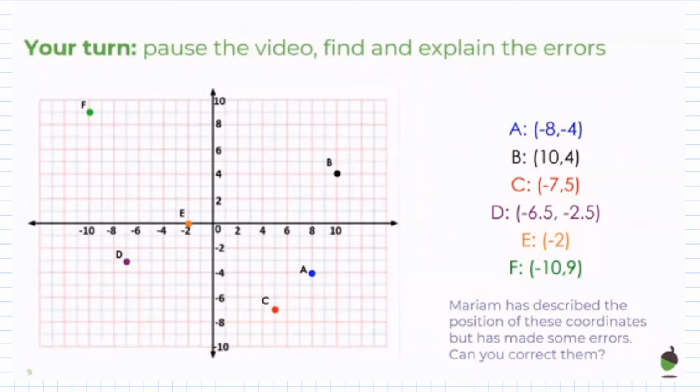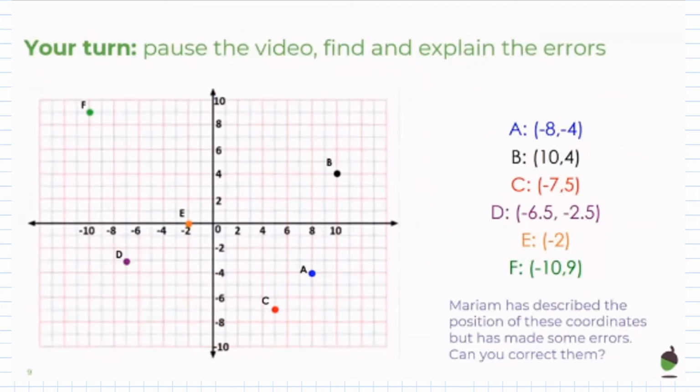So I know that I move along, forwards or backwards, along first the x-axis, and then I go up or down. So the first number, -8, should tell me how far along I've gone. I start from the origin, (0, 0), and she's saying that I've gone along -8.